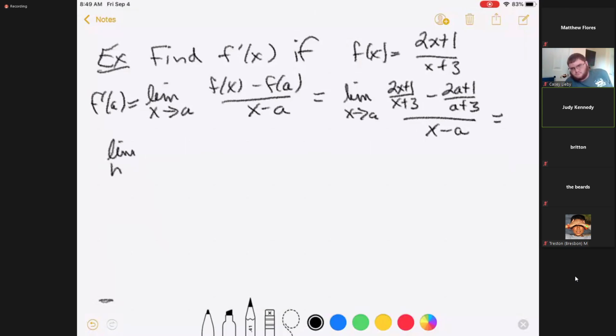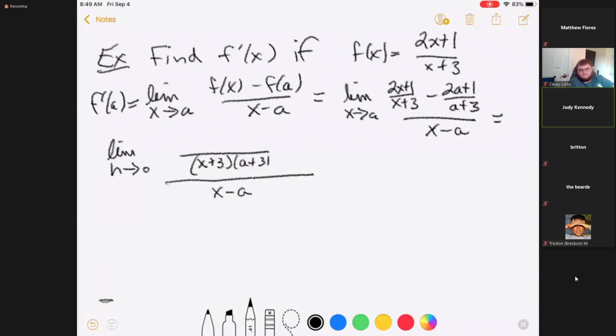This is the limit as x approaches a. Okay, so the common denominator is going to be x plus 3 times a plus 3. Still got that big bar there.